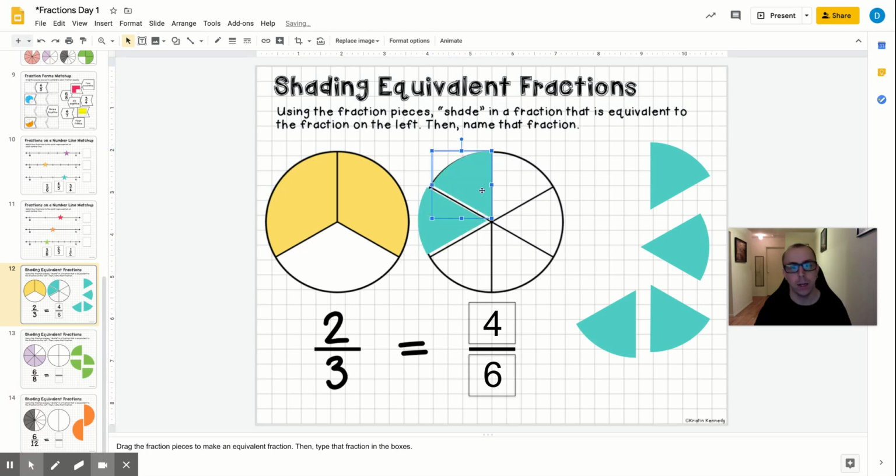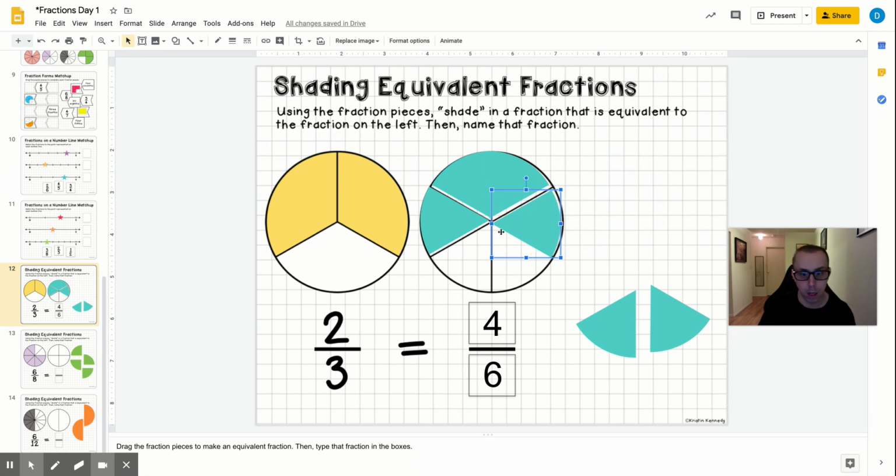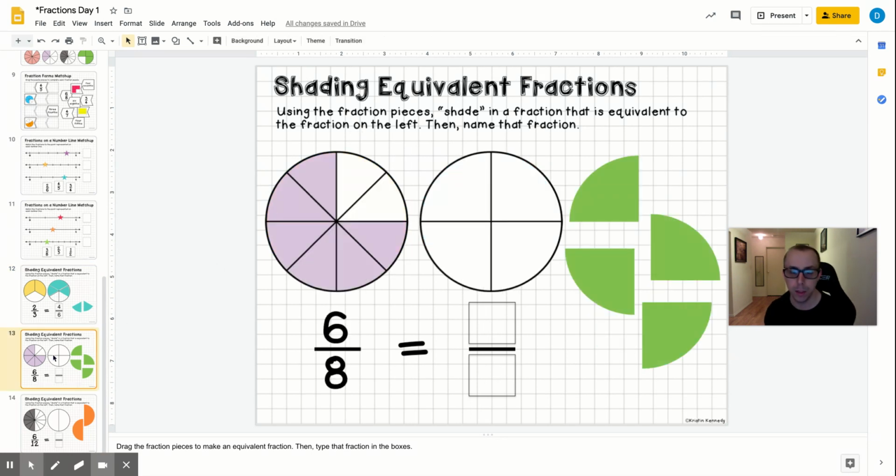Okay, so now you can see that the 2/6 is equal to the 1/3. Okay, and then I would finish off the 3rd and 4th sixths. So now you see 1, 2, 3, 4 sixths is this, it's covering the same portion as the 2/3. Okay, the same will be done here.